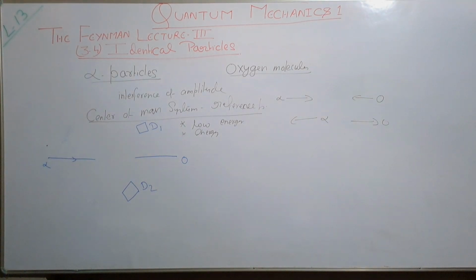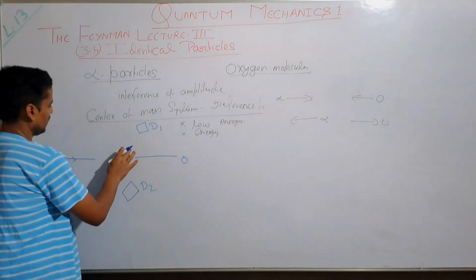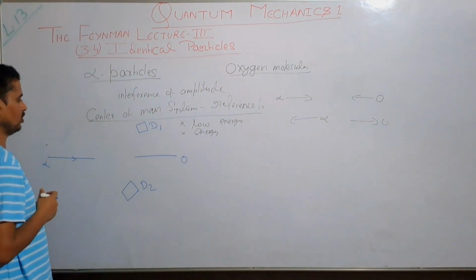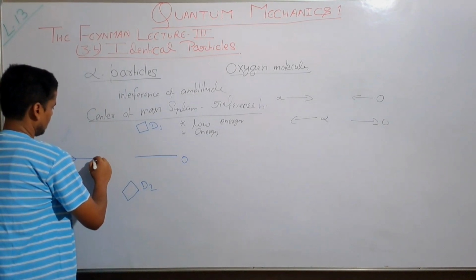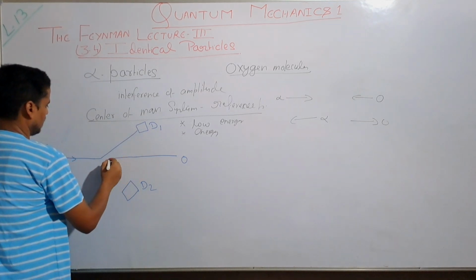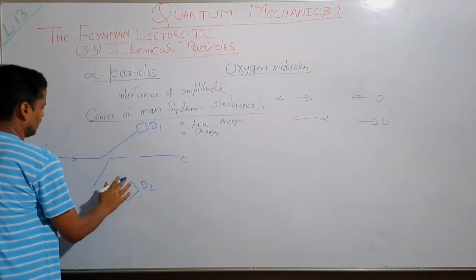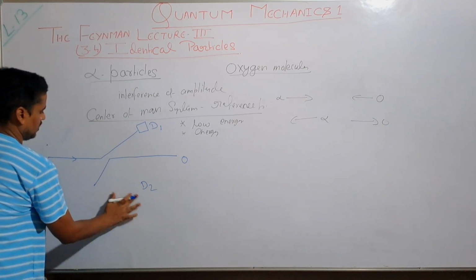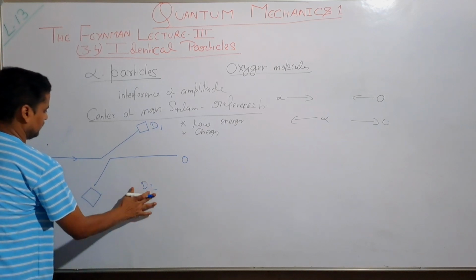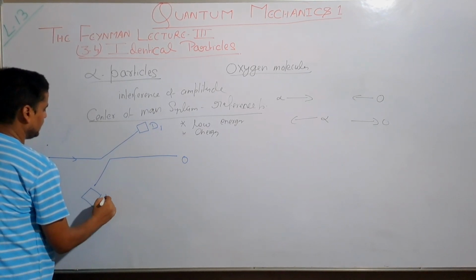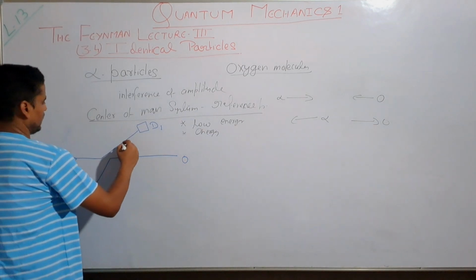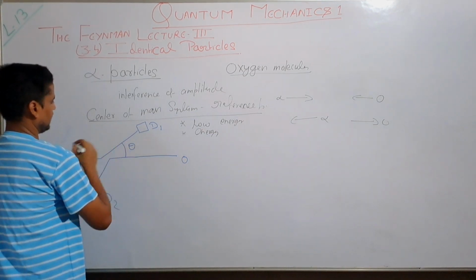These two detectors can detect the alpha particle or oxygen molecule after collision. This is detector D2, and this angle is theta.